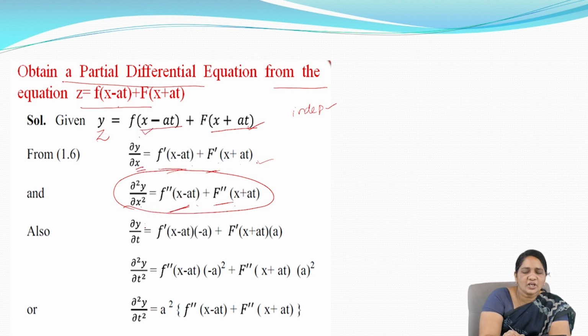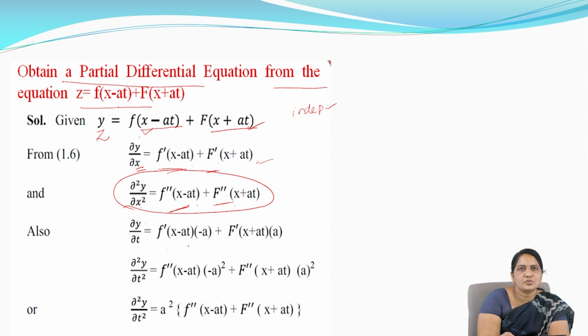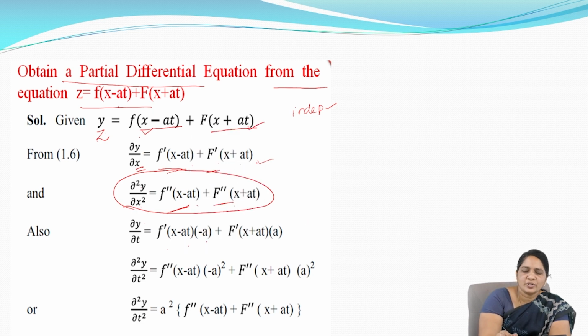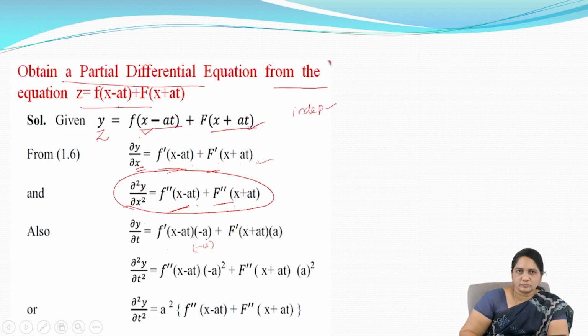So dou y by dou t equals f dash of (x minus at) into minus a. Here the derivative of x is 0, and minus a is the constant, so the derivative is 1 and 1. So this is minus a into f dash of (x minus at) plus f dash of (x plus at) into a.